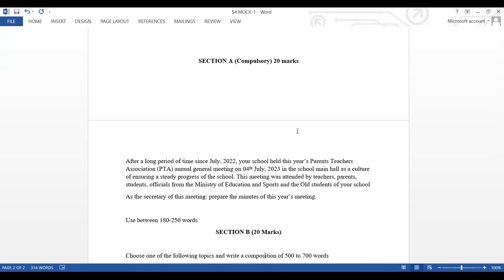Out of the so many functional writing aspects that we may have studied in class, only one aspect is set. So a student is expected to be ready to attempt questions in all different aspects: minutes, letters, speeches, reports, curriculum vitae, writing a prayer, wills, a CV, a commendation, police statements, event reports, all kinds of functional writing aspects.